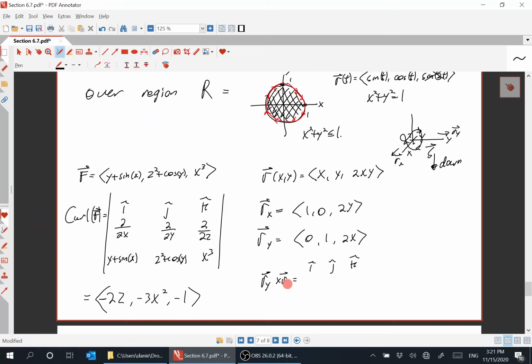I'm so used to writing it the other way. r_y cross r_x, 0, 1, 2x, 1, 0, 2y. So this is equal to 2y, 2x, and then k minus 1.